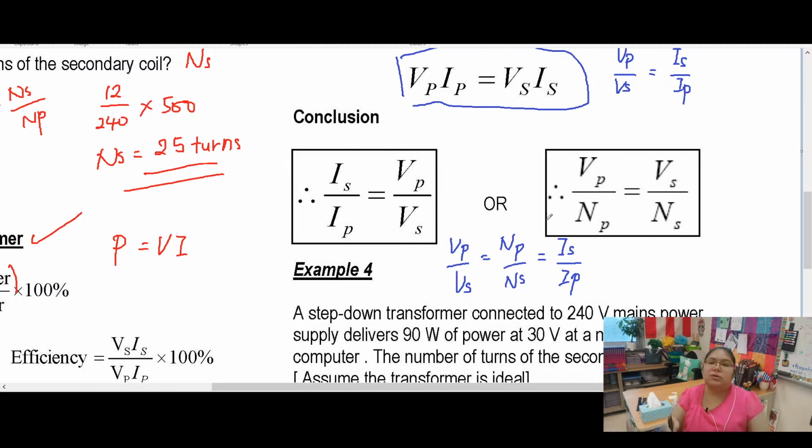So these are three equations related to the ideal transformer. The V and N ones we can use for a normal transformer. For an ideal transformer we add one more, the current, in the formula. Okay, now we want to see another diagram. I will show you the diagram.